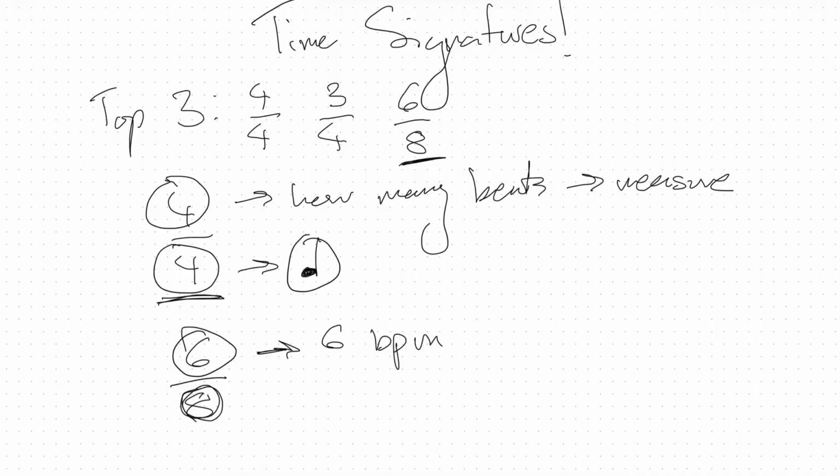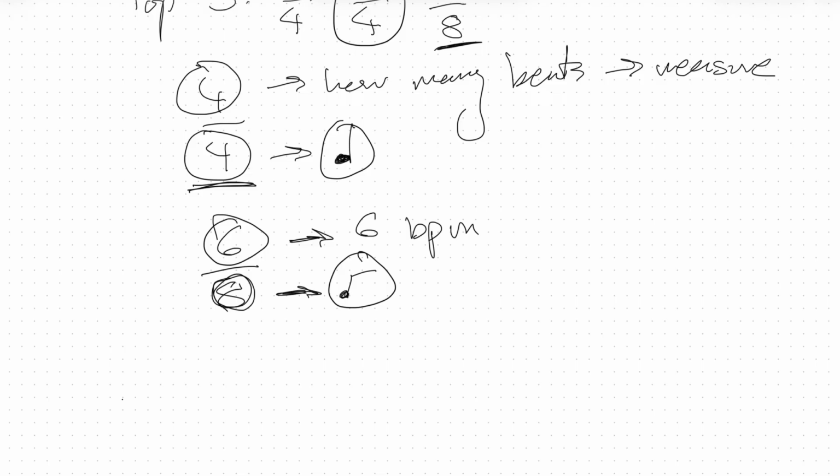Yes, we're going back to math. With 8, that means that the eighth note gets the beat. And with 3/4, I'm pretty sure you've guessed it. What does the 3 mean? We have 3 beats per measure. And what does the 4 mean? We have the quarter note taking the beat.